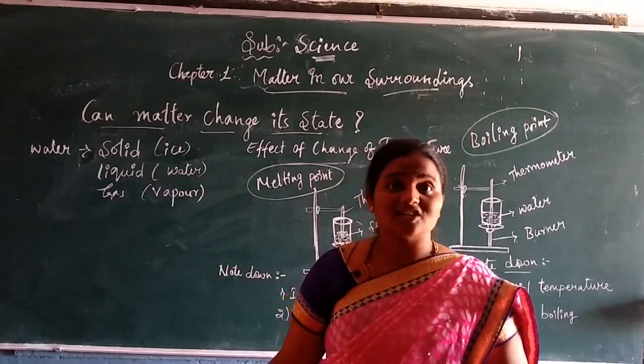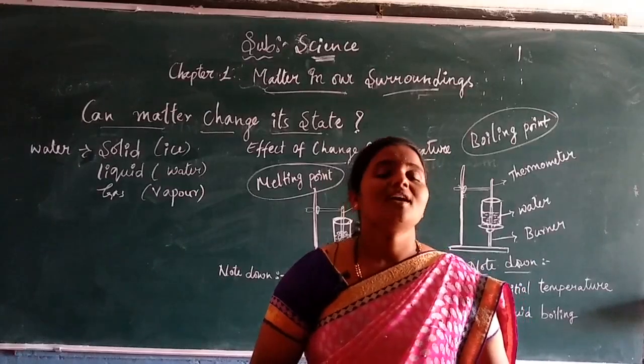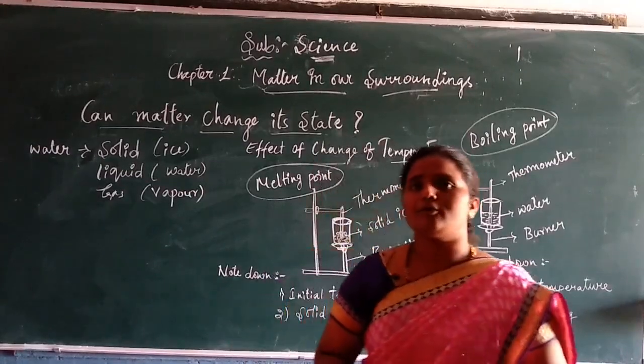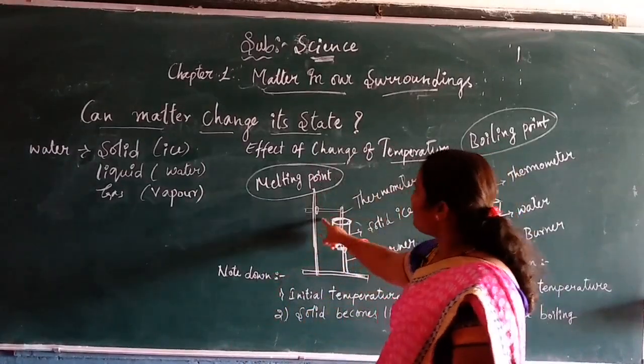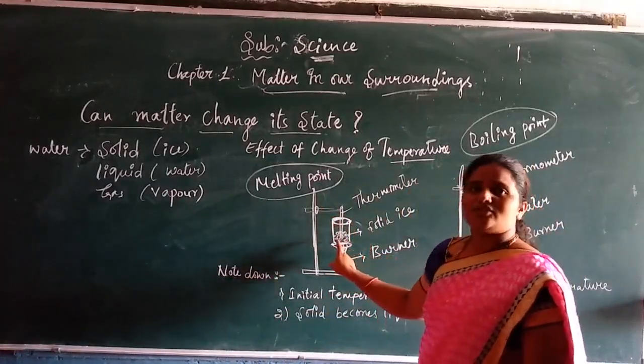Here I am using crushed ice and a thermometer for recording the temperature of the ice. First, let us make a simple setup by taking a beaker containing solid ice.